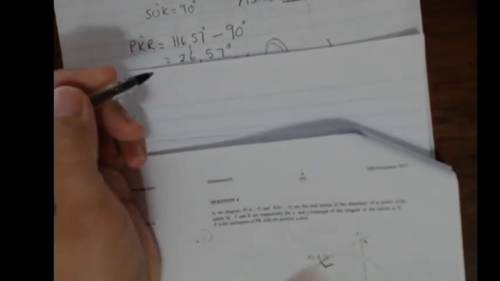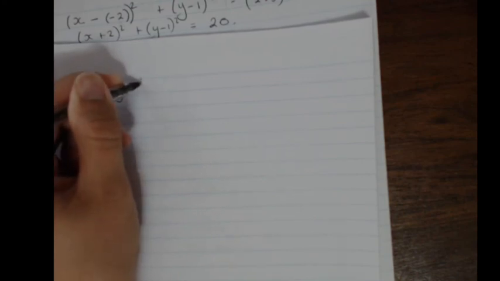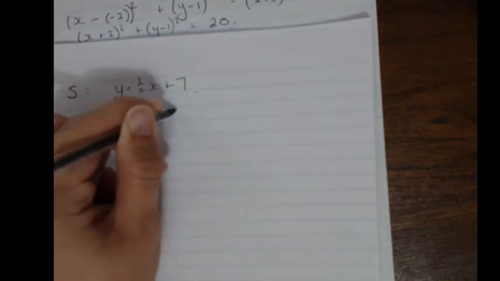S is the x-intercept of the line SR, which I calculated as y is equal to half x plus 7. S is my x-intercept, so I can make y 0: half x plus 7.